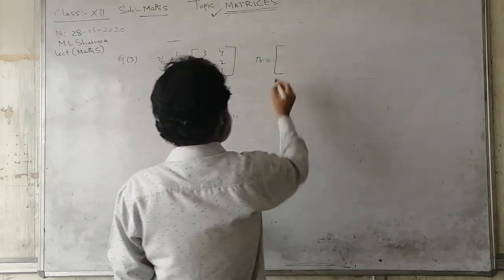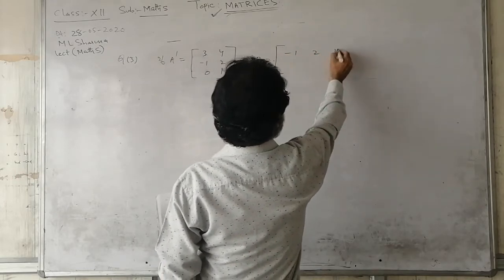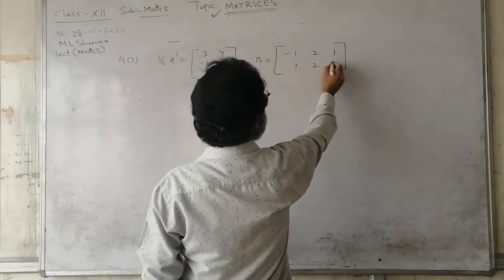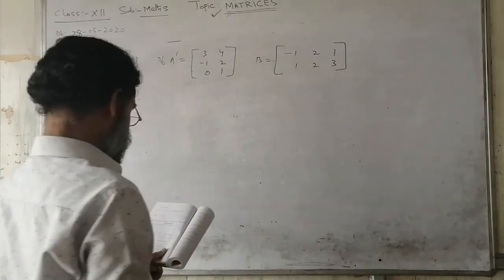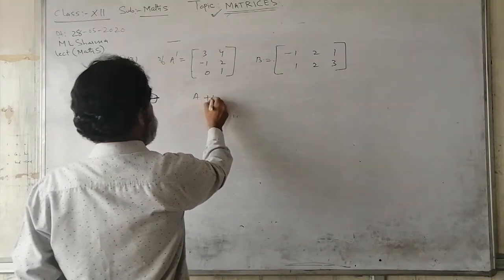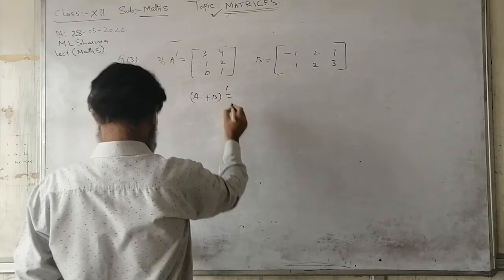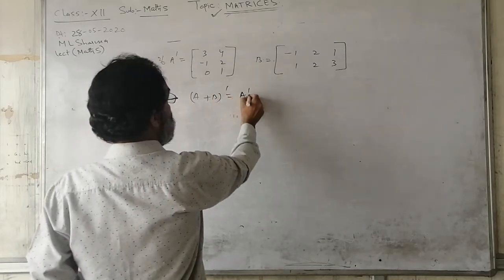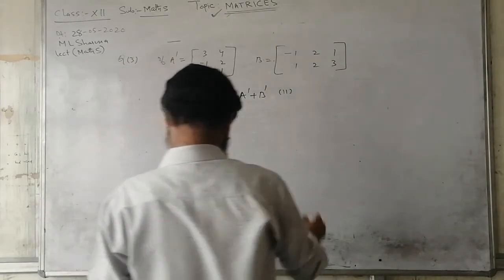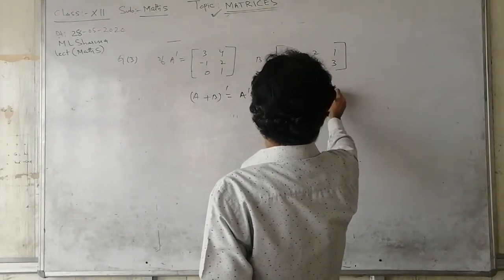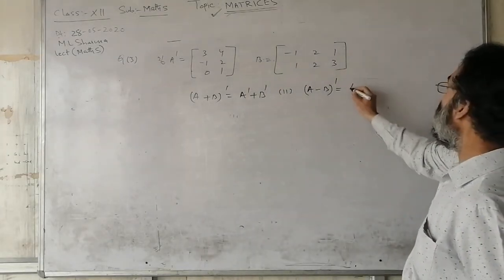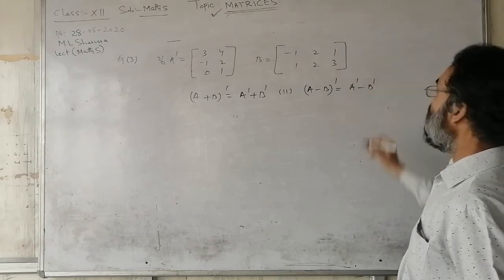Its elements are... You have to verify the same question: (A plus B) transpose will equal A transpose plus B transpose. Its second part is the same one: (A minus B) transpose is equal to A transpose minus B transpose.